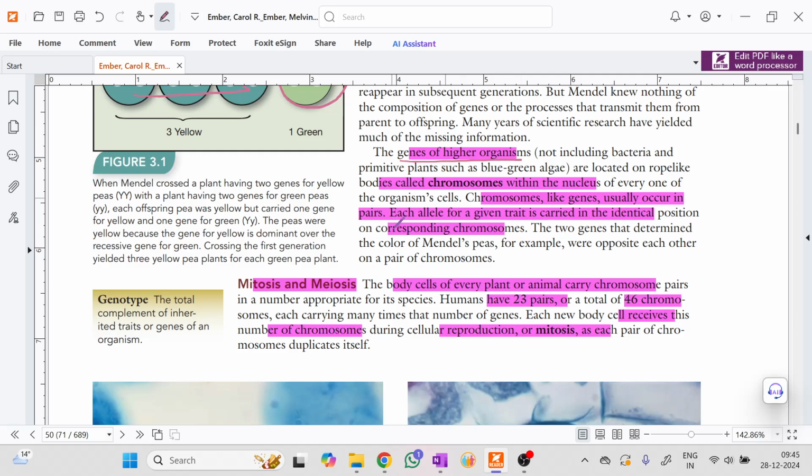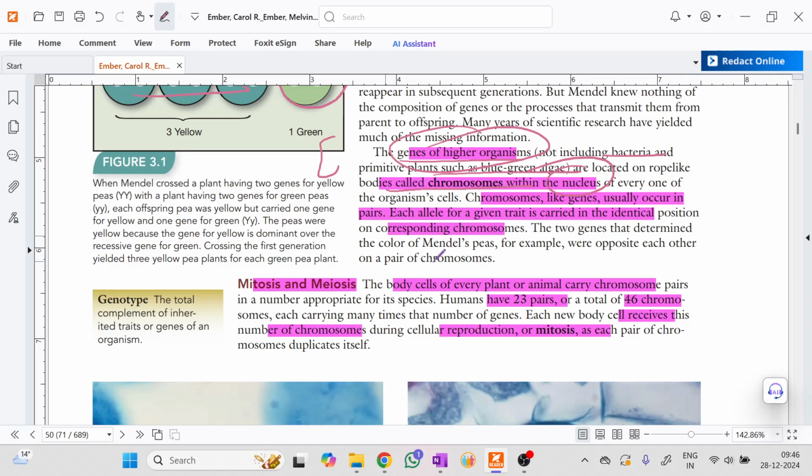So the genes of higher organisms, which does not include bacteria and primitive plants such as blue-green algae, are located on the chromosomes. Chromosomes are located in the nucleus, and nuclei are in cells.